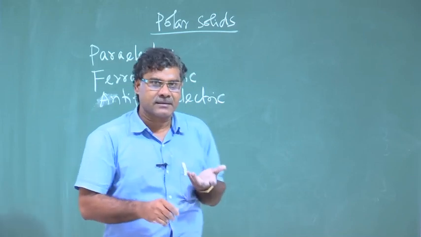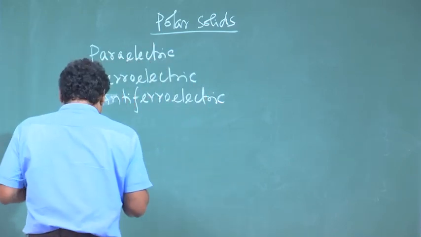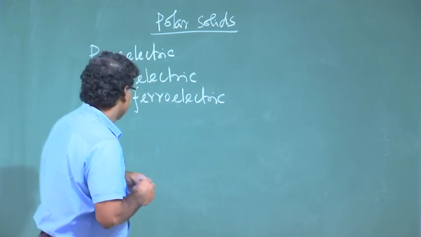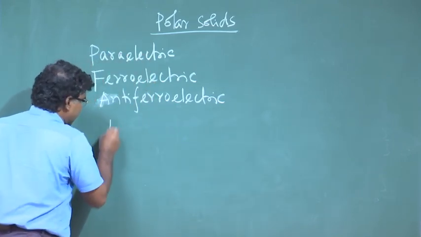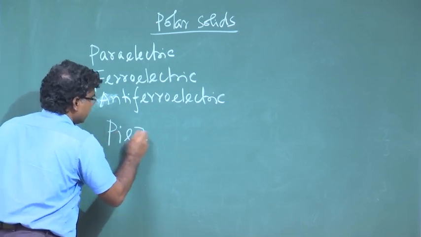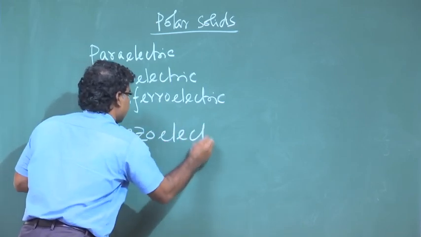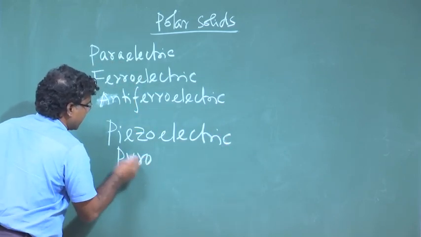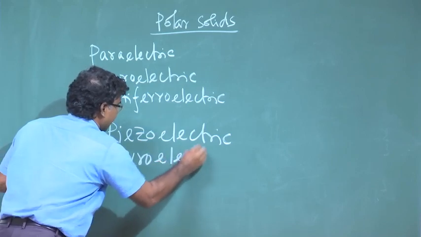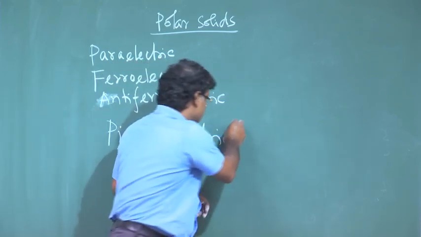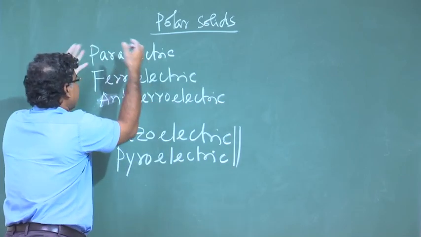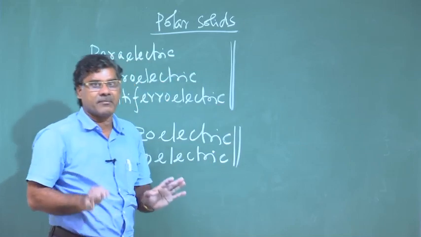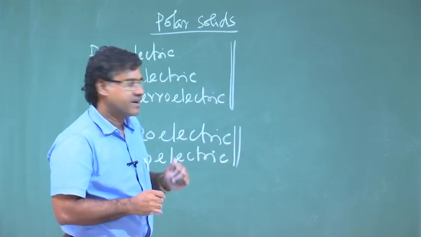And there are some more types, very useful for device application. That is called piezoelectric, P-I-E-Z-O, and pyroelectric, P-Y-R-O. So, whatever this pyroelectric, ferroelectric, antiferroelectric, these three are just the same as the magnetic material.